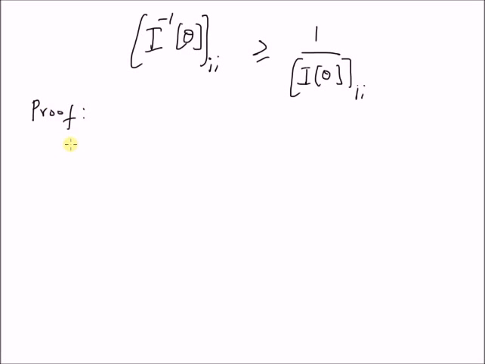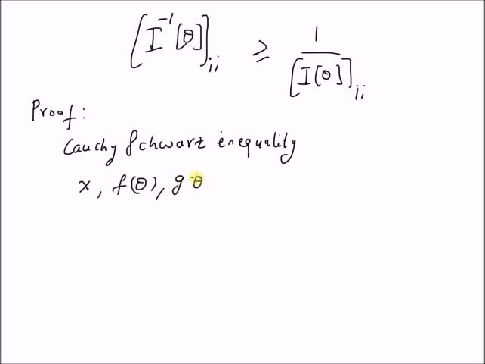Consider the Cauchy-Schwarz inequality. Consider vector x and matrices f of theta and g of theta.